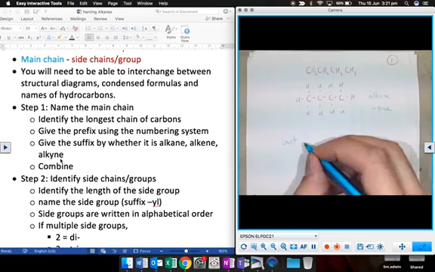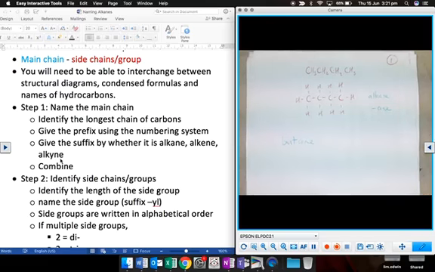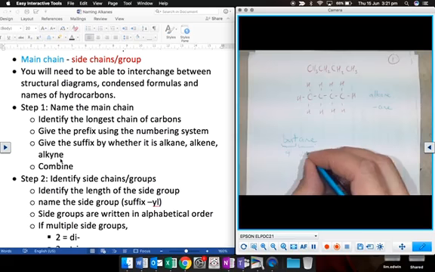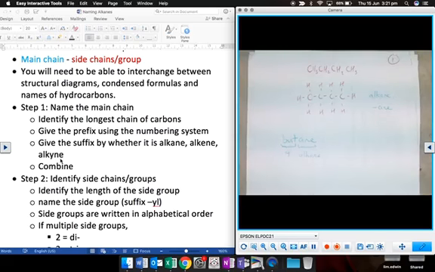Which means that this is butane. But for 4, ane for the fact that it's an alkane. Butane. So that's easy.